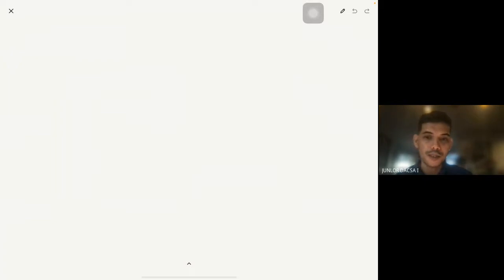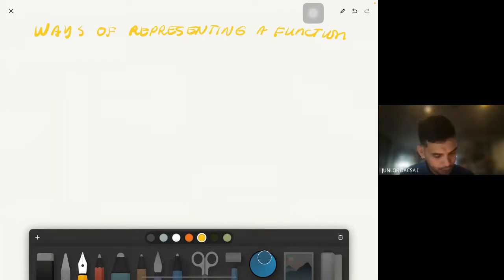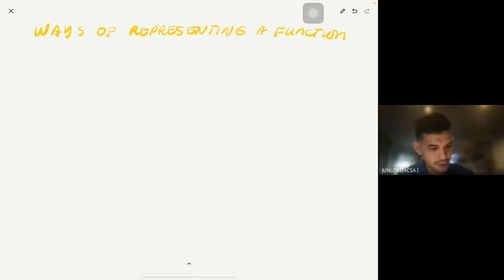So ano nga yung mga ways of representing a function? So ways of representing a function. Okay, so number one is by mapping diagram. Okay.